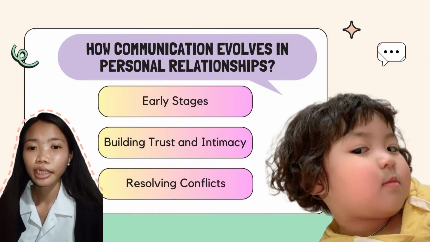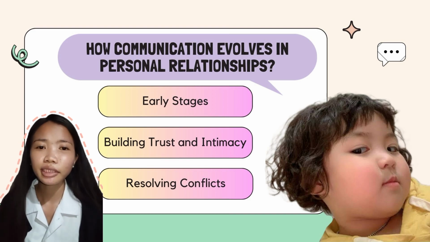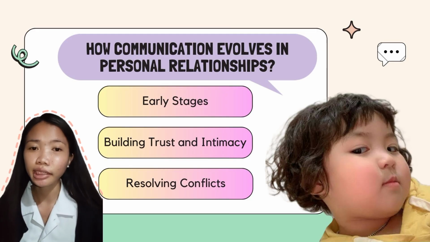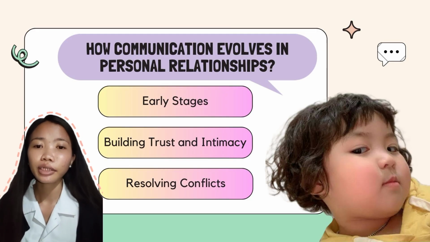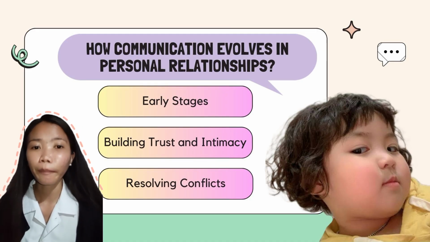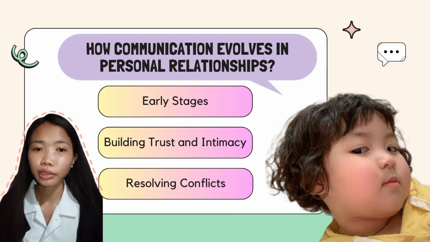In the early stages of a relationship, communication is often simple and focused on basic information exchange. As the relationship deepens, communication becomes more complex, incorporating shared experiences, personal values, and emotional connections.